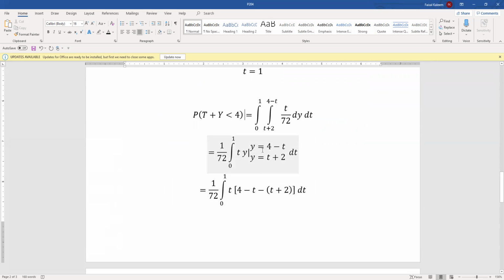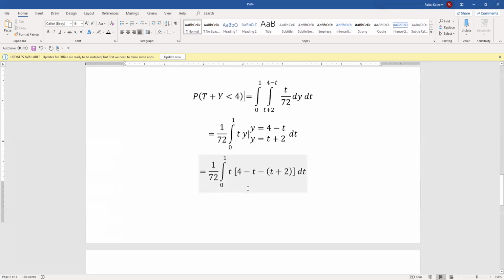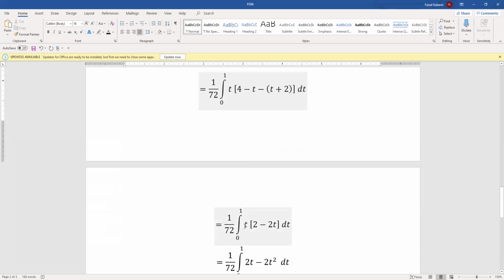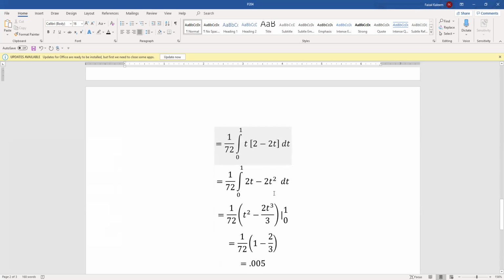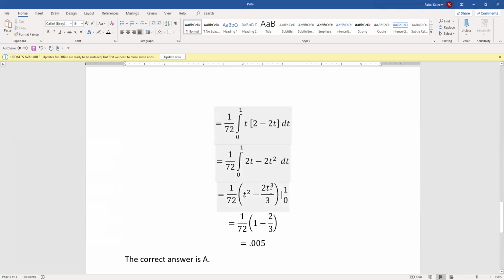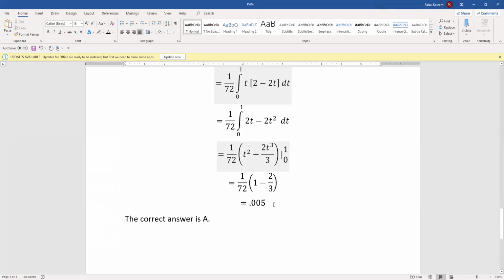Then you substitute the upper and lower limits. This simplifies to t times (2 minus 2t), and then you multiply the t inside before integrating. The integral of this is t squared minus 2t cubed over 3. When you put in the limits, we end up with 0.005. That was choice A.